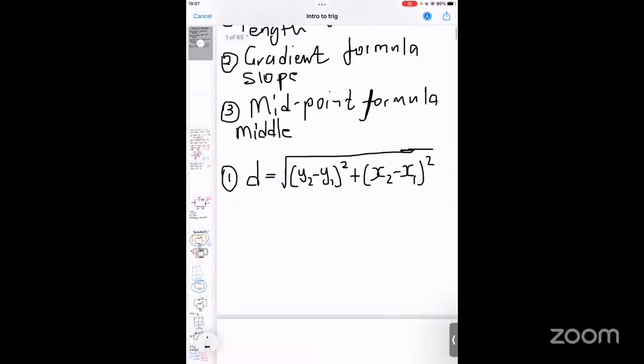Maybe let me just include the next formula. I will give example on a new page. So gradient in mathematics is represented by a small letter m, which means change in y. This is that word called delta in physics, over change in x.